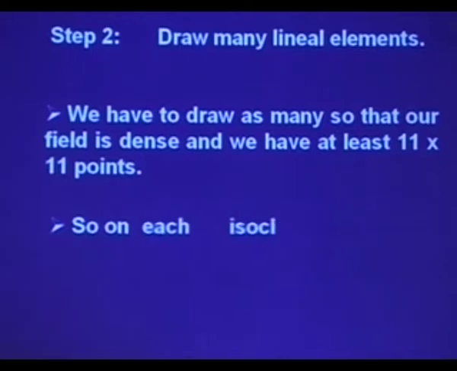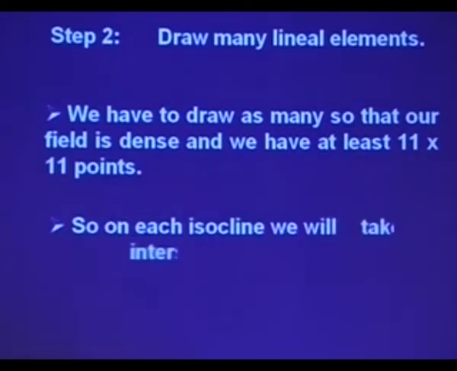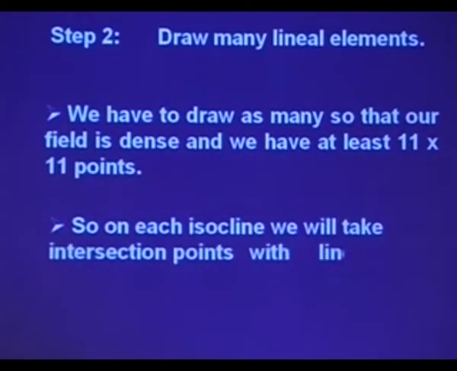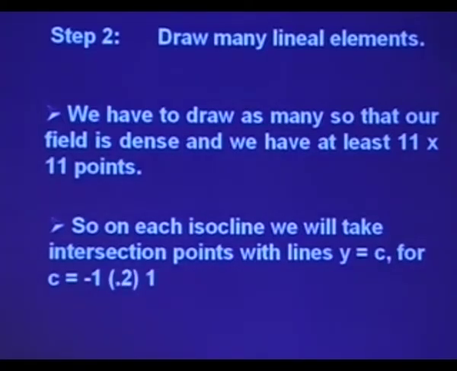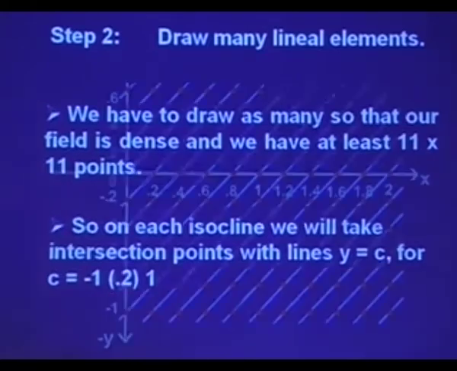Again, these things you can learn by experimentation itself. Here I am just showing this example so that you learn how the experimentation is done. What we are doing is, on each isocline I have taken the intersection points with the line y is equal to c, for c ranging from -1 to +1 with a step of 0.2.